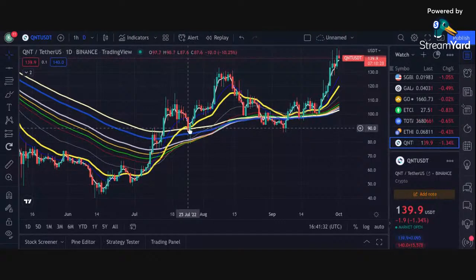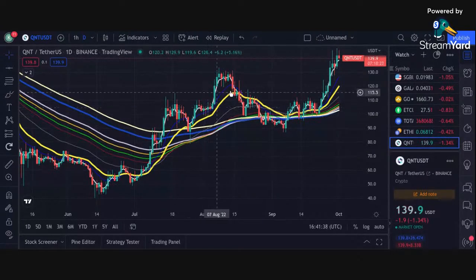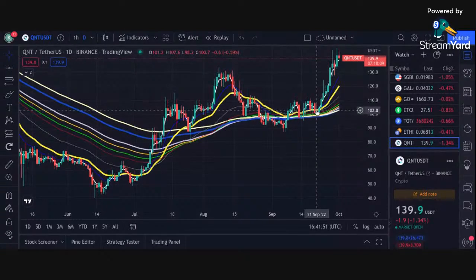Had one brief moment where we went under it, quickly recovered within the same day or the next day, went on to do this, and your identifiable downtrend was easily seen here by a break under the 19, came down here. Your recovery is just as identifiable with a little attempt here, a little attempt here, your last breakout, and you went on your way.